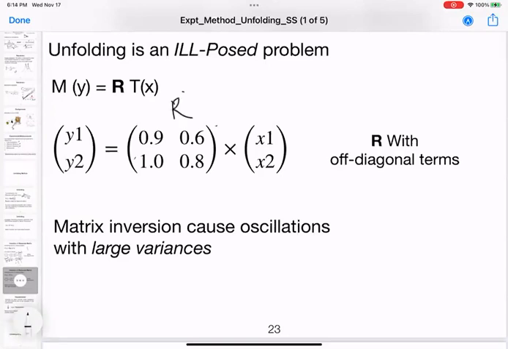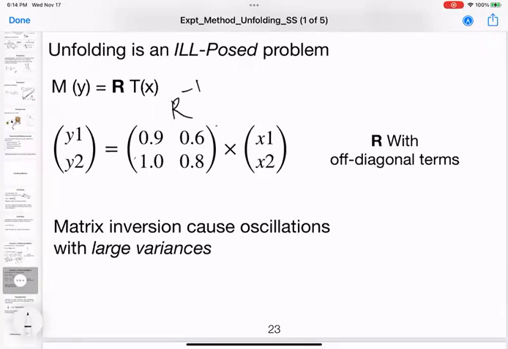If we have these off-diagonal elements in the response matrix, and you invert that response matrix, that will cause very large oscillation. And if you calculate the variance, that will also be very large. So this is a mathematical problem. If you have a measured distribution with a response matrix on the true distribution, and you want to get back the true distribution by simply applying the inverse of the response matrix, you will get very large oscillation in the result.